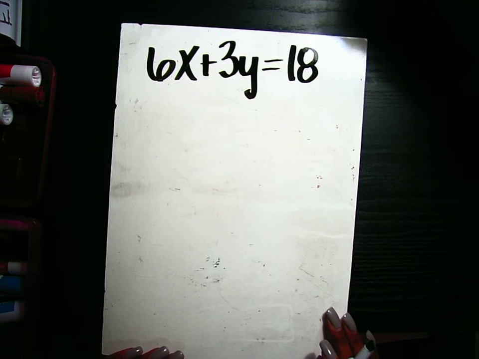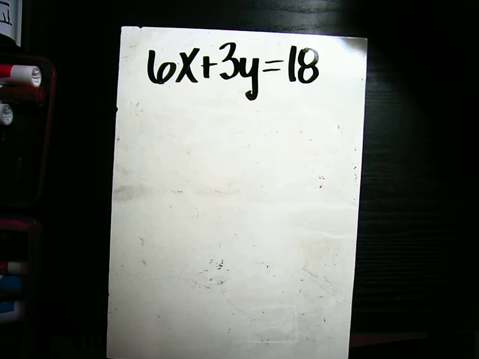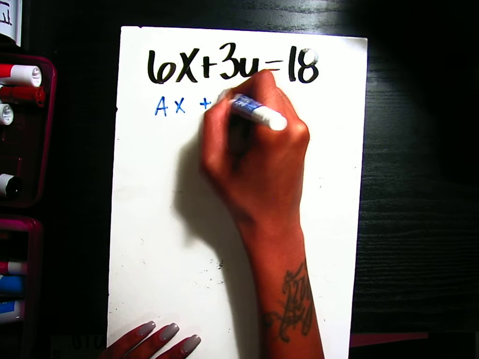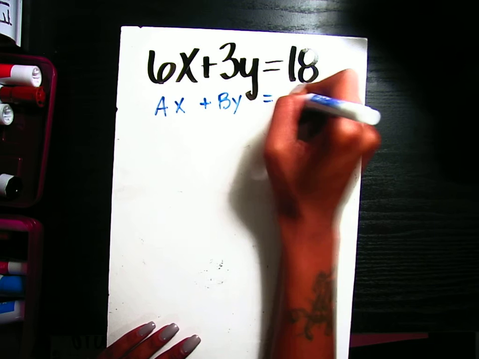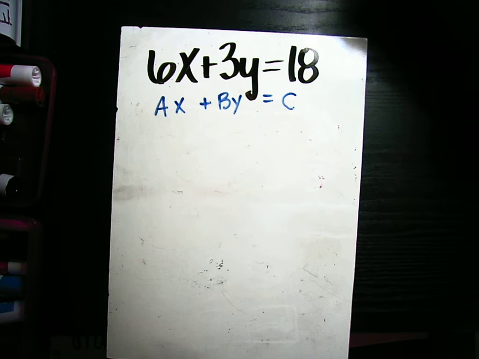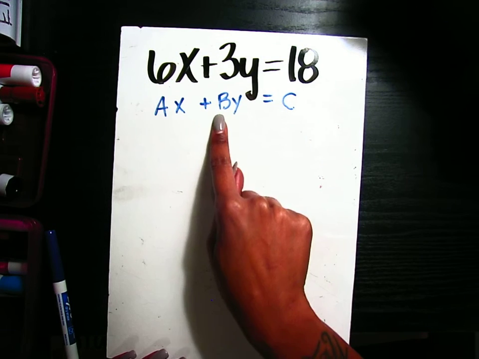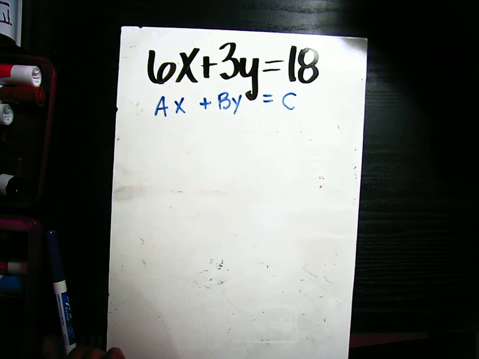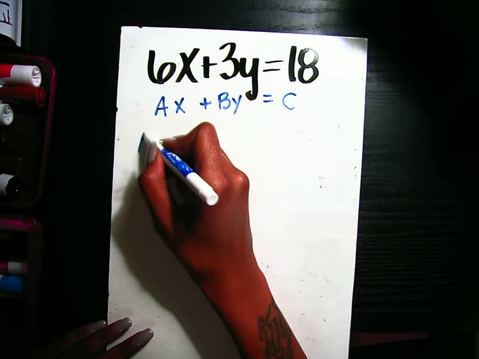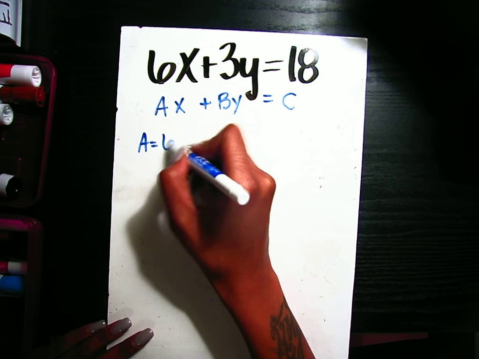Now, this time, instead of solving for y, I realize that my equation is written in standard form: ax plus by equals c. So what I'm going to do first is label each one of those, a, b, and c. A, obviously, is the number in front of x, so a is equal to 6.